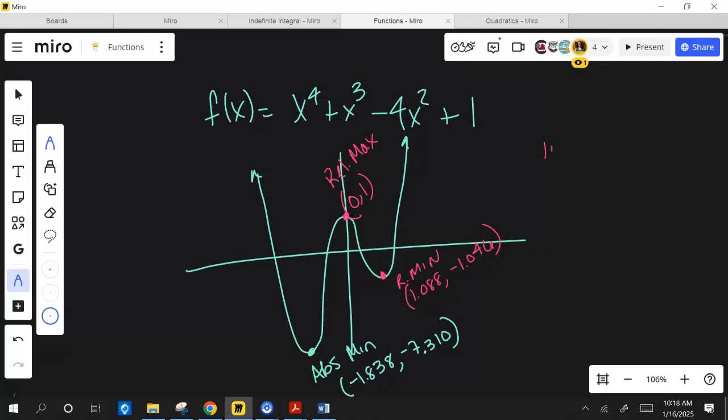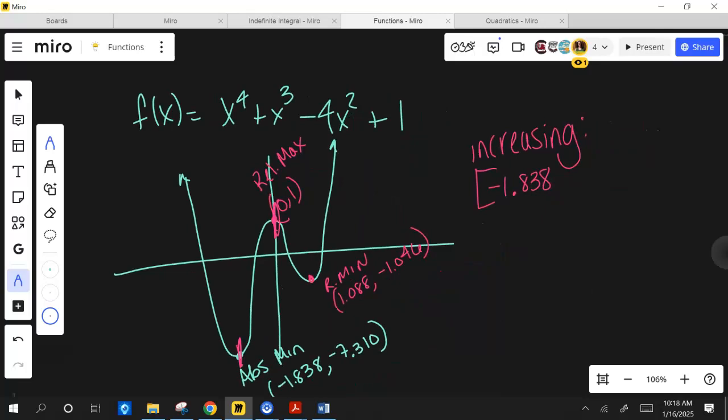So for my increasing intervals, where is my graph going up as I move from left to right? Between here and here, right? Using those X's, how do I say that? Negative 1.838, and I do brackets on these until I get to 0.